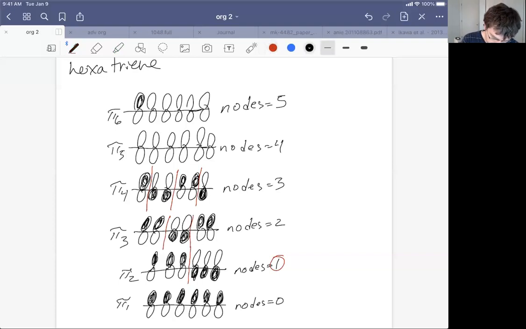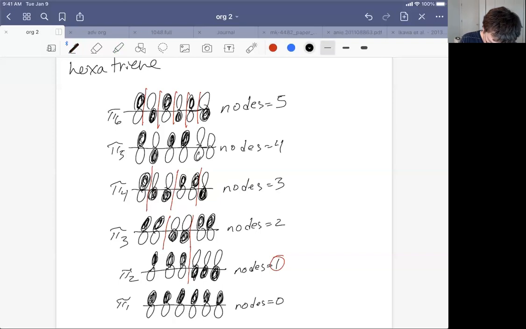Pi 6, the highest energy one, is also easy because you get the maximum number of nodes. Each time we increase the nodes, we increase the energy of the system. I just want to make sure I get pi 5 right. So pi 5 has in-phase overlap in the center.